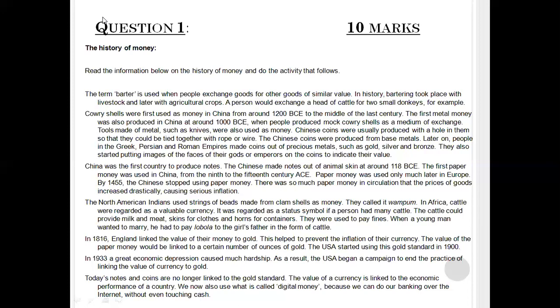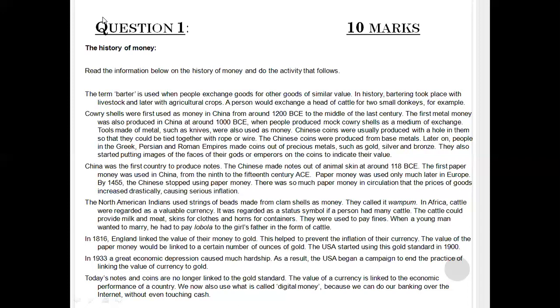Cowrie shells were first used as money in China from around 1200 before Christ to the middle of the last century. The first metal money was also produced in China at around 1000 before Christ, when people produced mock cowrie shells as a medium of exchange.